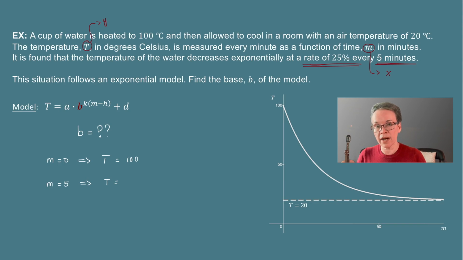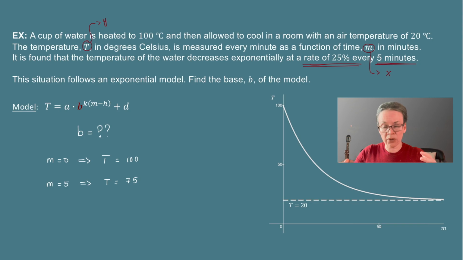That means that 5 minutes later, if you remove 25% from 100, you're going to have 75 degrees Celsius for the temperature. Since I know that this situation behaves exponentially, then I know that this decrease of 25% will happen every 5 steps. Every 5 steps, 25% decrease. Another 5 steps, 25% decrease.